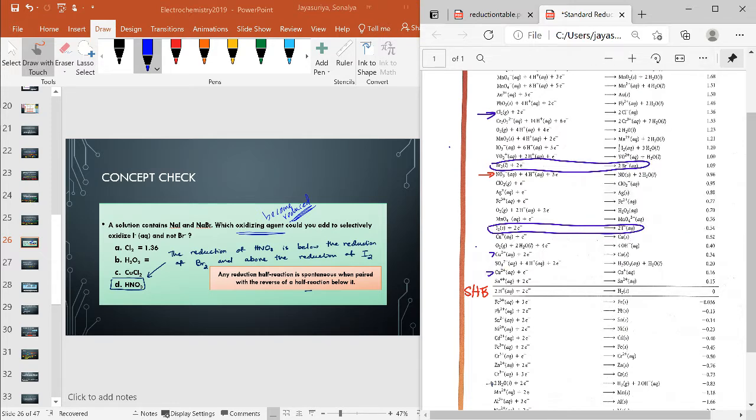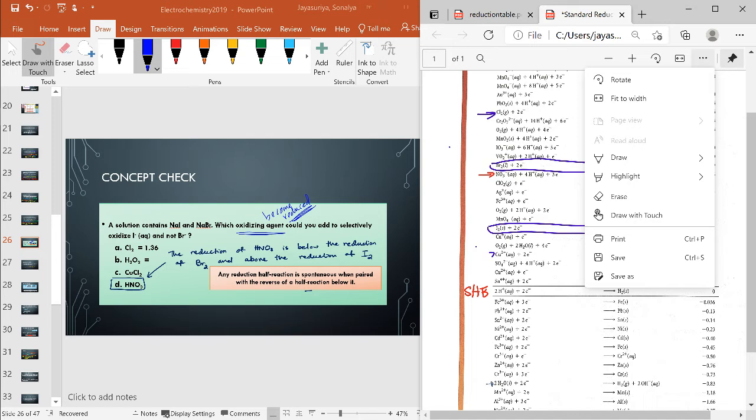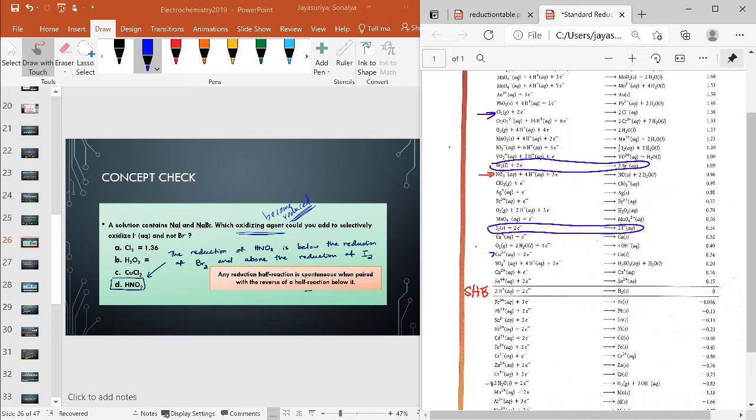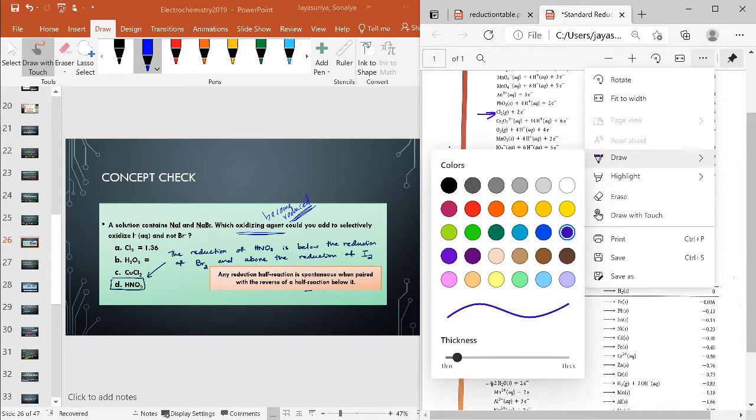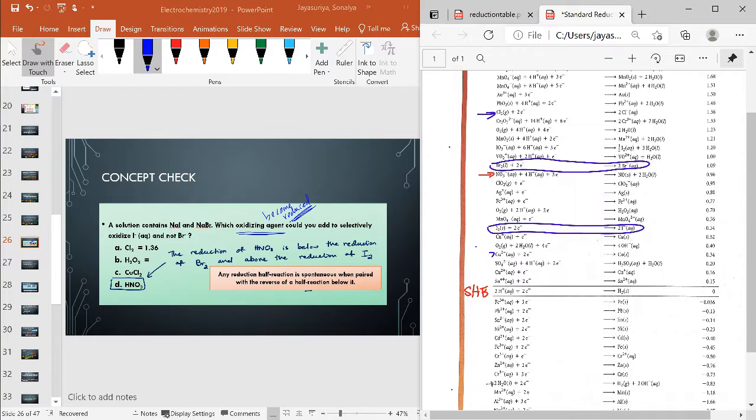So the only answer left is the nitric acid, because nitric acid, where is the nitrate? Oh, right here. So this is nitrate. Nitrate and hydrogen will form nitric acid, right? So nitric acid will selectively oxidize iodine, make it go this way, because this reaction will go in this direction.